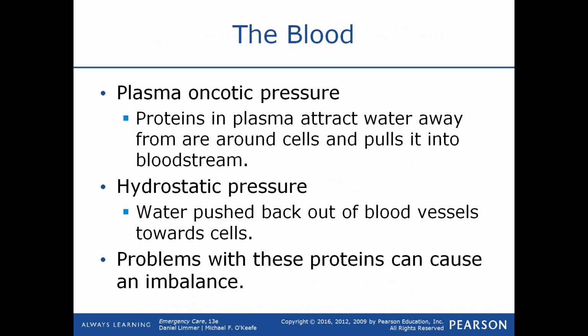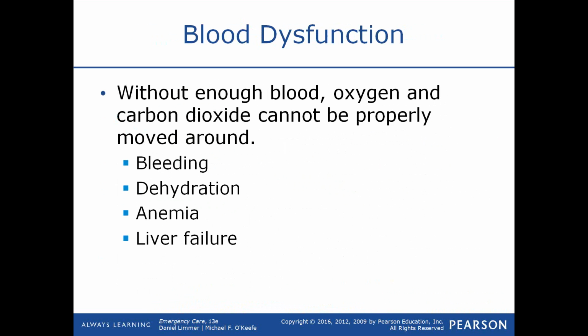Hydrostatic pressure pushes the water out of the blood vessels and towards the cell. Any problem with these plasma proteins can lead to either too much water coming out of the cells and going into the bloodstream, or too much water moving into the cell, causing the cell to swell and burst.